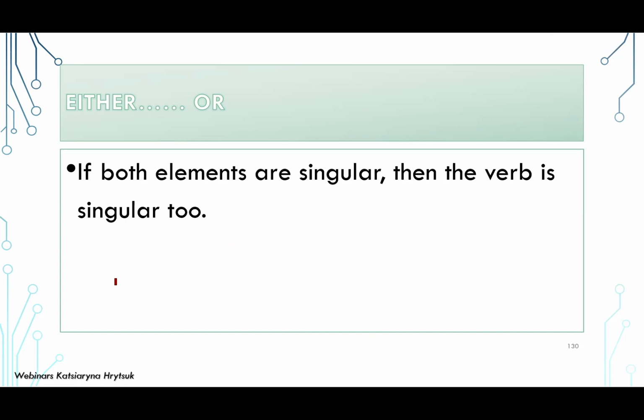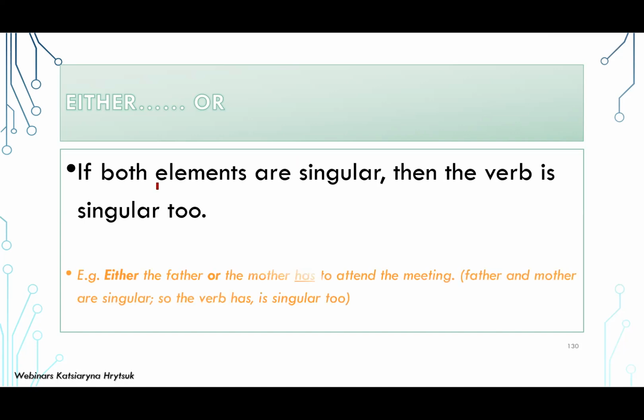So if both elements are singular, which is important, then the verb is singular too. Okay, elements singular, verb singular too. Either the father or the mother, please be careful, has to attend the meeting. So father and mother are singular, so the verb has is singular too.